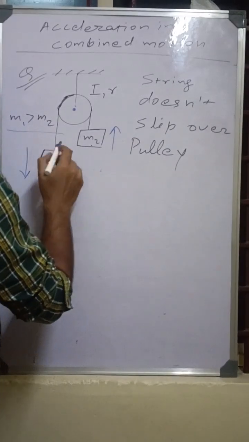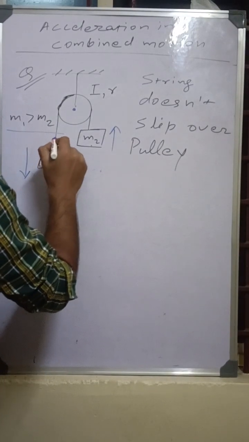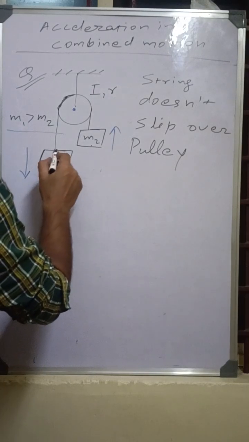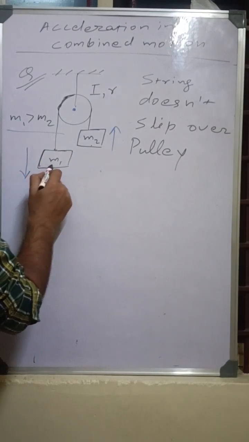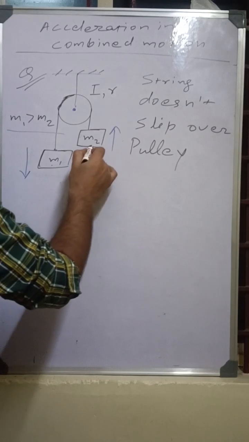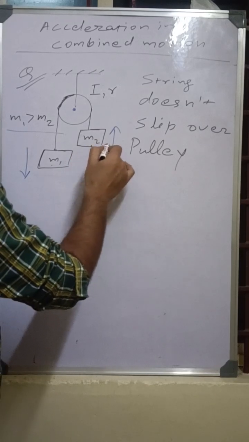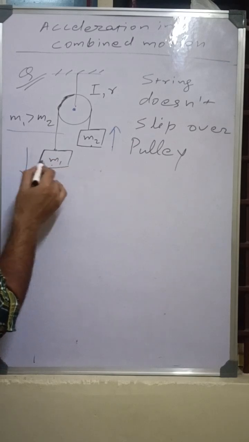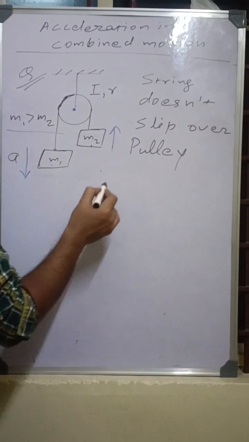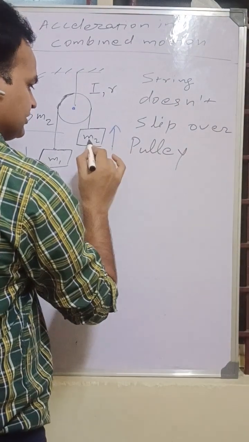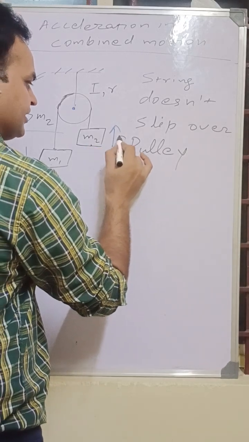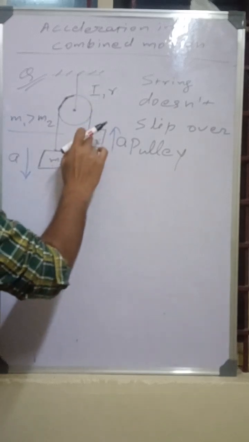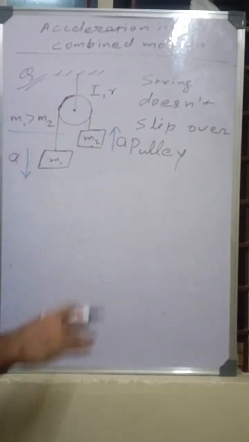If we apply the string constraint here, then whatever the acceleration value of m1 is, that will be the same acceleration of m2 also. Suppose the acceleration of m1 is a downward, so the acceleration of m2 will be a upward, because of the string constraint.